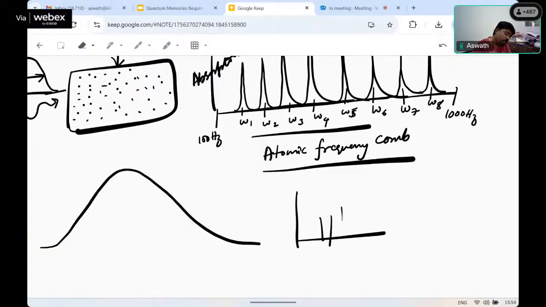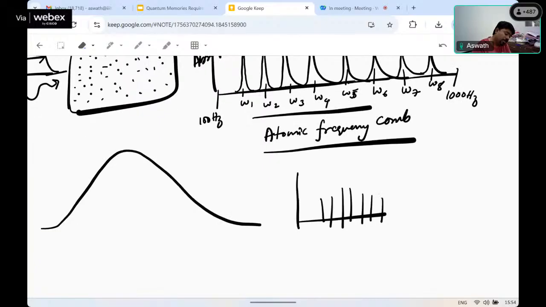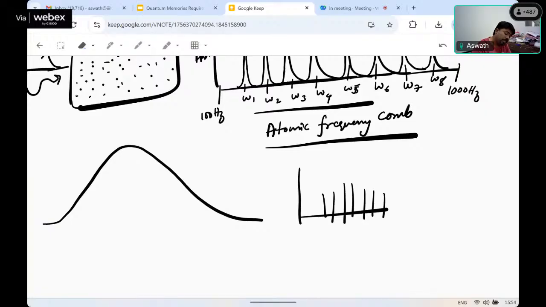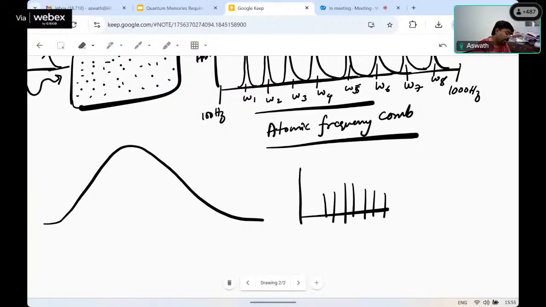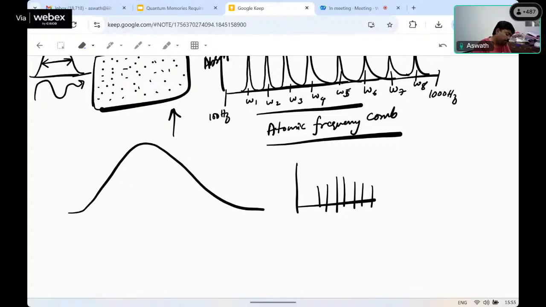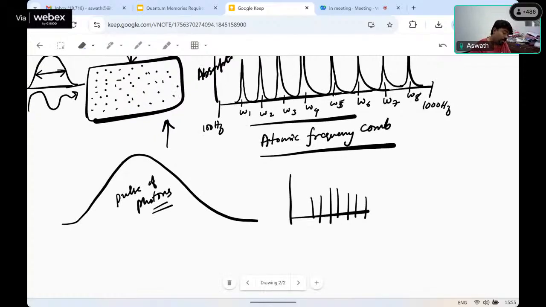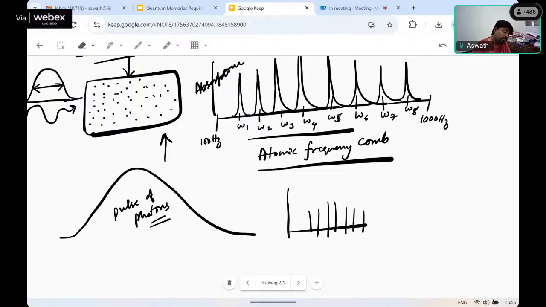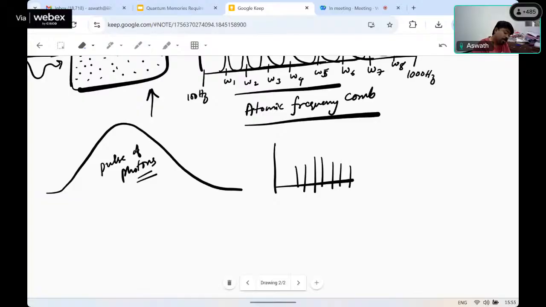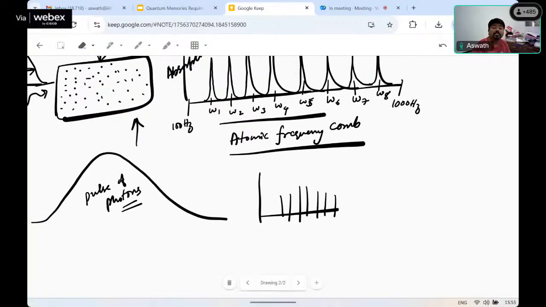Let me draw now single lines. If this pulse of photons is incident onto this material, interestingly, the entire pulse may not be absorbed. Most of the pulse is absorbed.